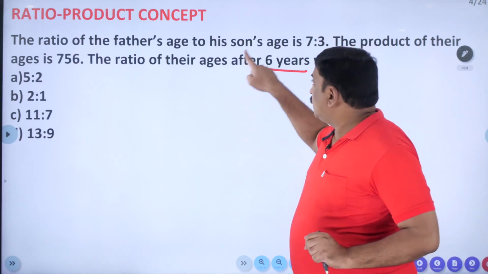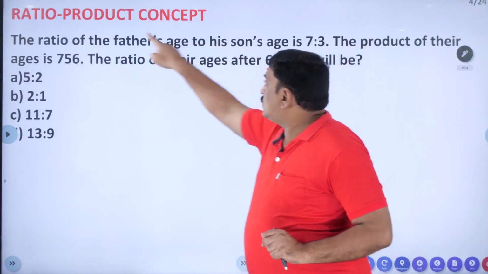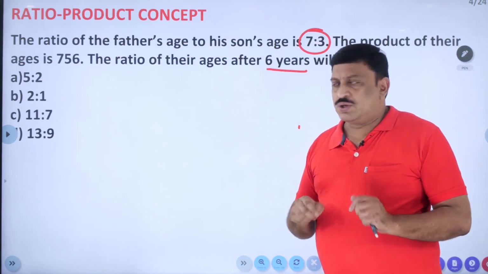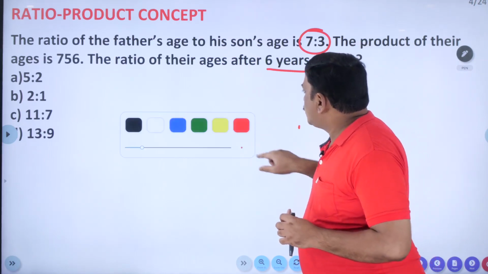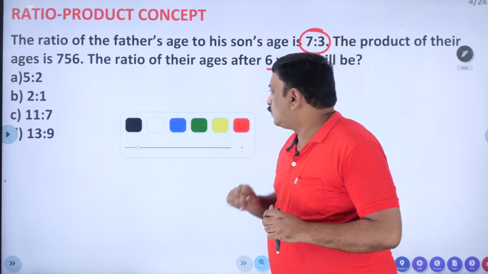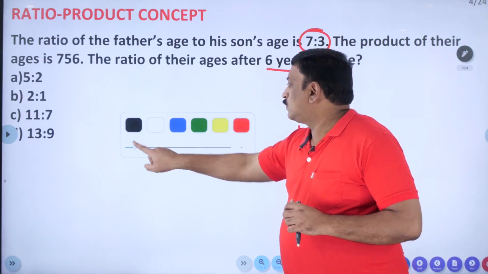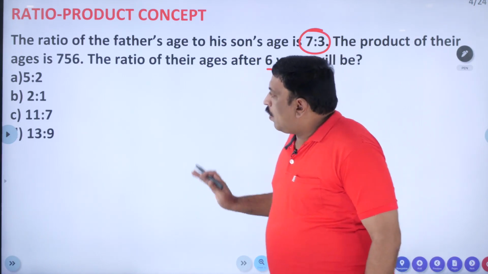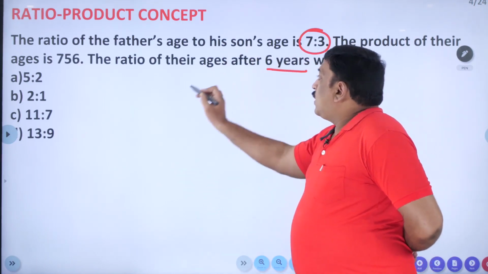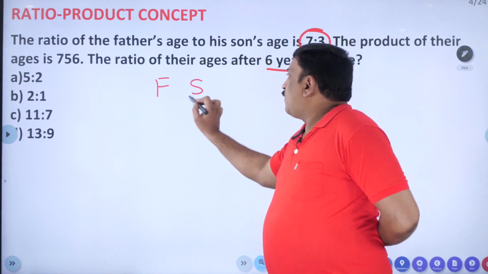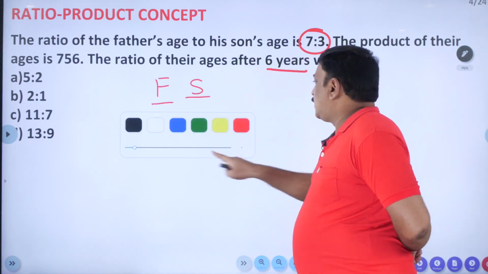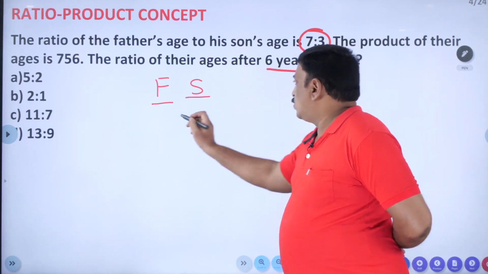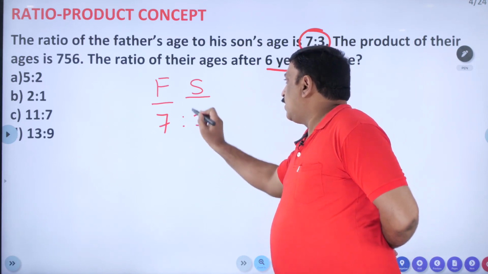For that, we first need the present ages. The present ages come from the given ratio, 7:3. So let the father's age and son's age be in the ratio 7:3.